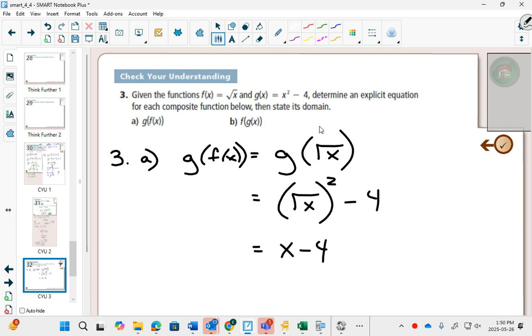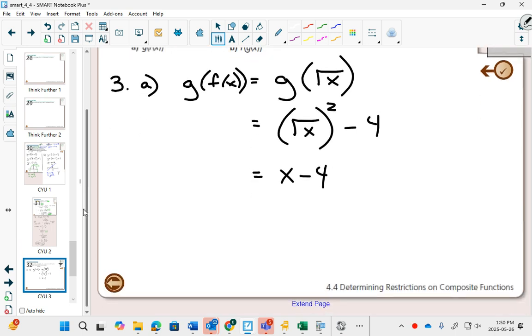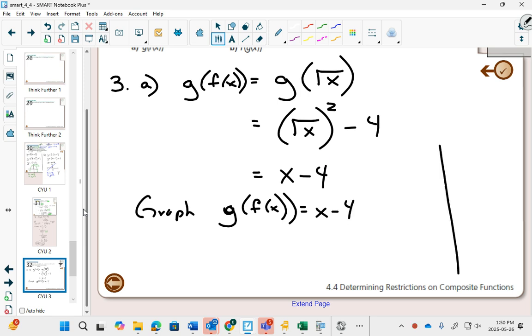Perfect. And often on the final exam, they say, can you graph g of f of x, which is equal to x minus 4? And this is where 1, 2, 3, 4, slope. All right.